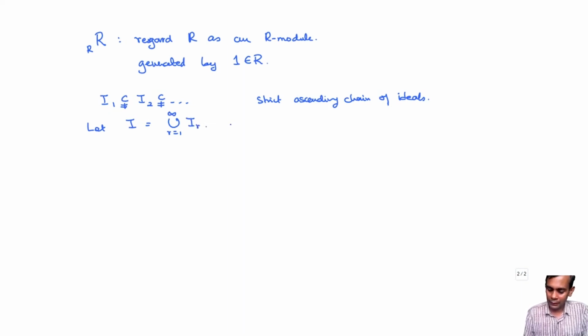Then I is again an ideal, and so it is a submodule of R. It's an R submodule. We've discussed this before, that ideals of R become submodules of R when we regard R as an R module. Then I claim that I cannot be finitely generated.